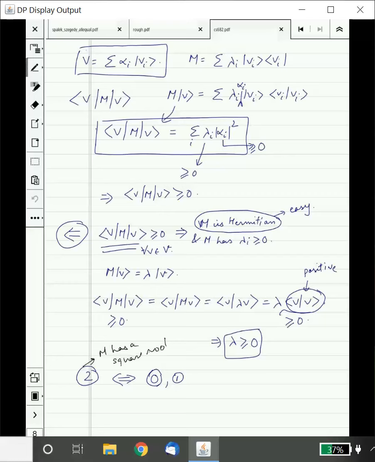Great. So let me prove that 2 implies 1. That is going to be very, very easy. If M is B star B, we are going to look at the quadratic form and show that it is going to be positive. We want to look at this.